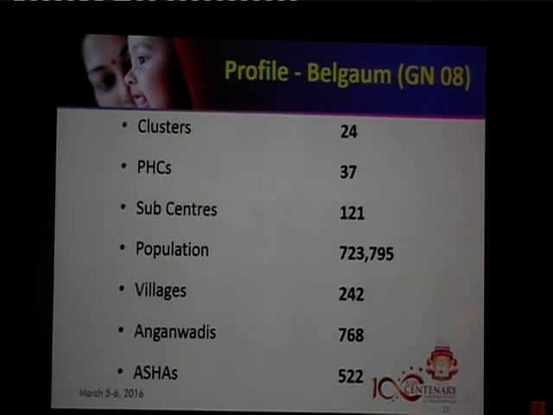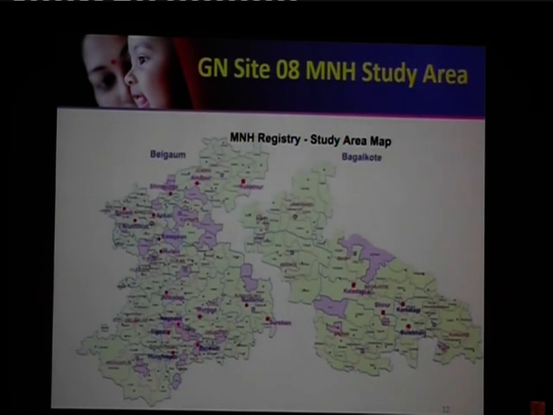So we have started this registry in the Belgaum site in 242 villages covering a population of 723,795. This is the area profile.